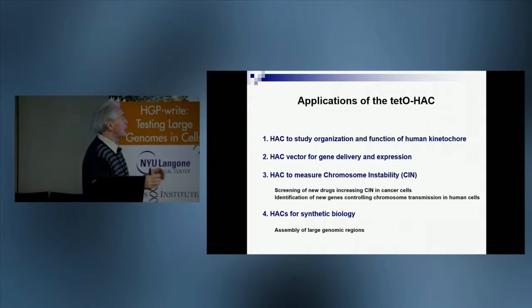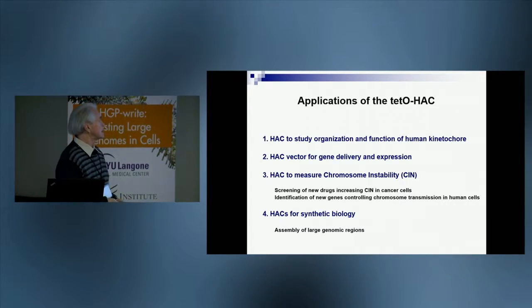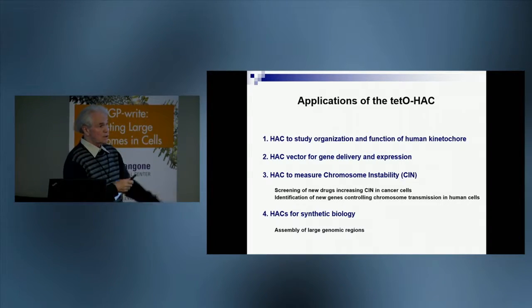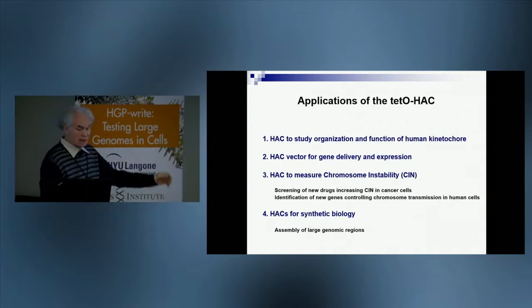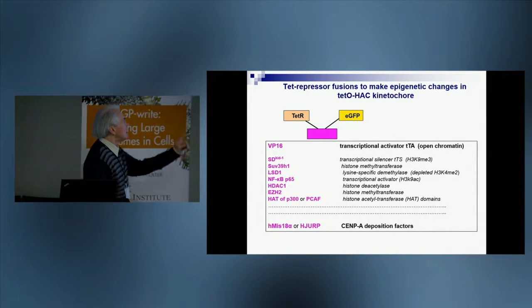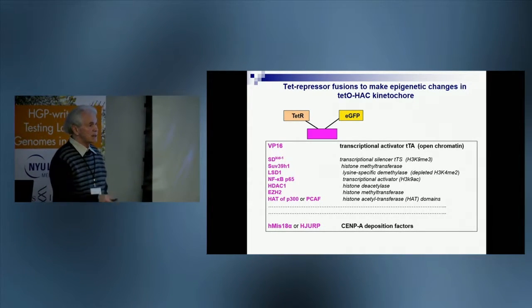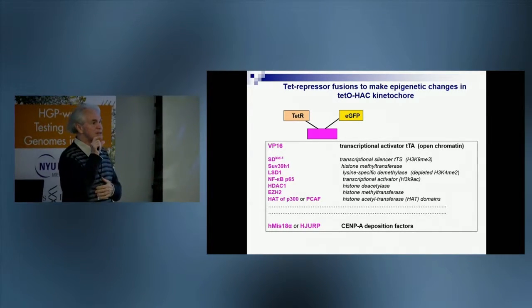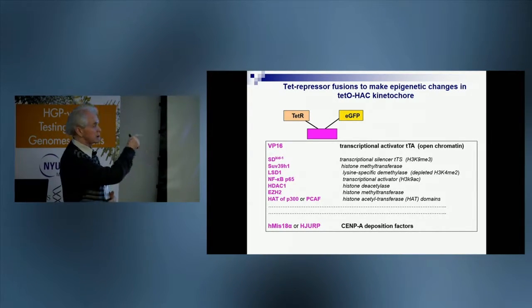The tetO HAC has multiple applications, including study of organization of kinetochore, HAC as a vector for gene delivery, HAC to measure chromosome instability, and HAC for synthetic biology. I will give you several examples. We constructed dozens and dozens of TET repressor fusions with different proteins in order to target human kinetochore and tetO HAC.